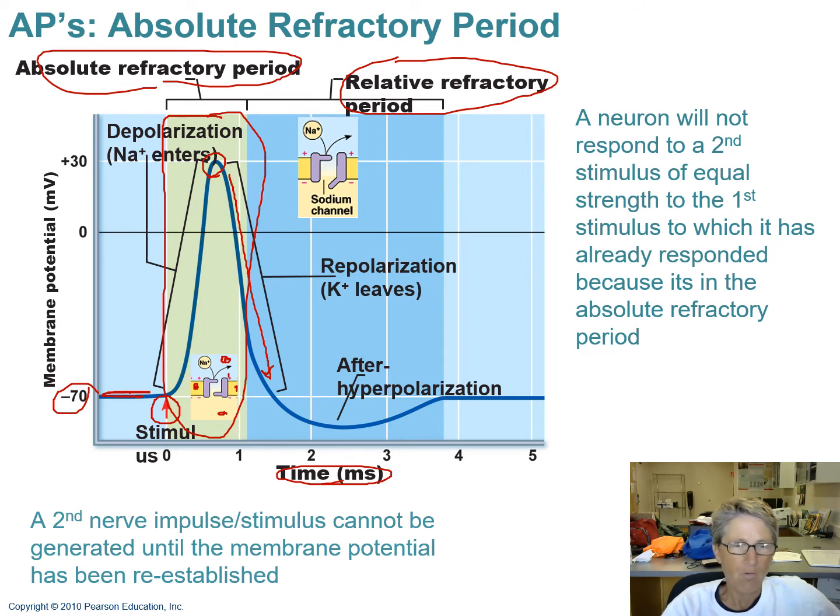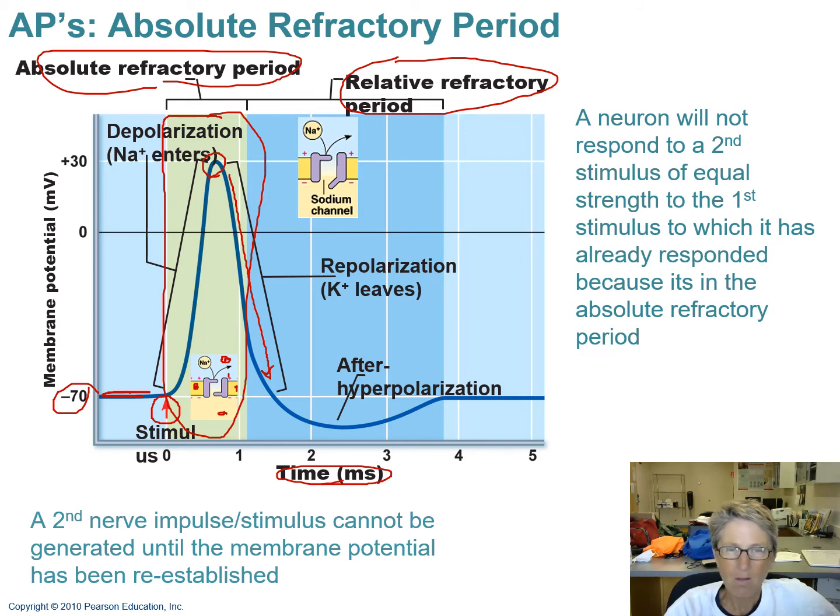During the absolute refractory period of an action potential, these sodium gates are closed and incapable of opening. So sodium can't get in. So you cannot fire another action potential during this time because the sodium gates are closed and incapable of opening. That's the absolute refractory period.